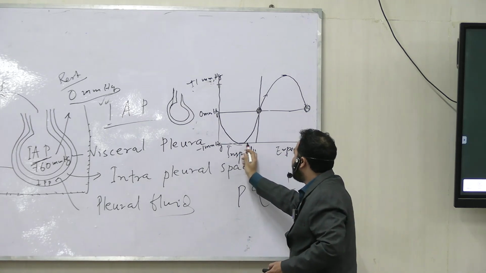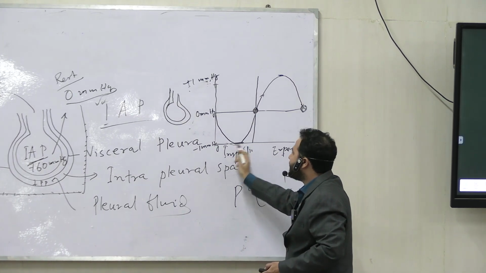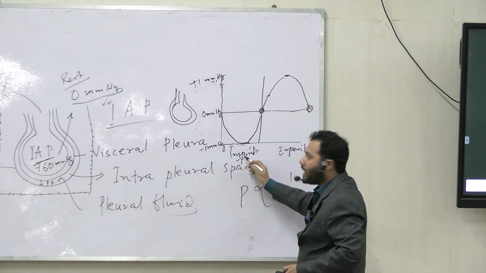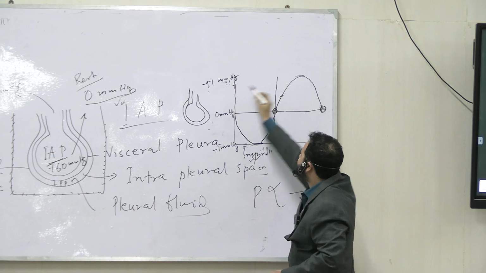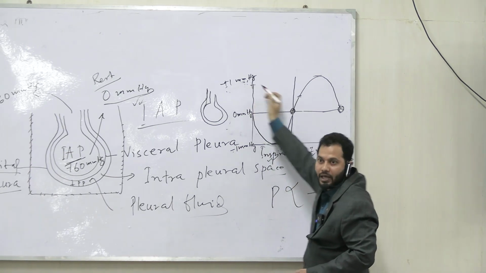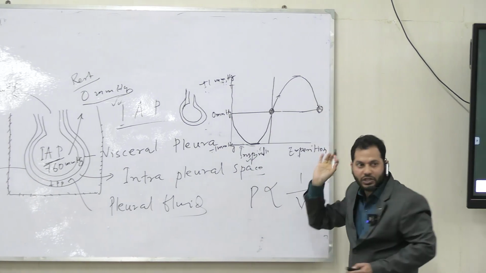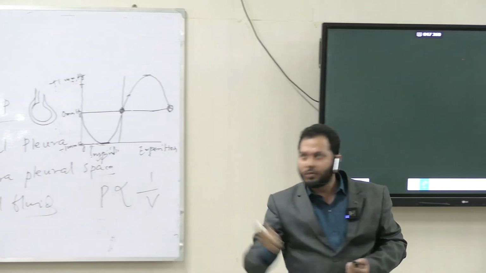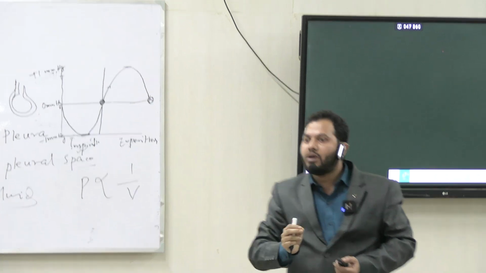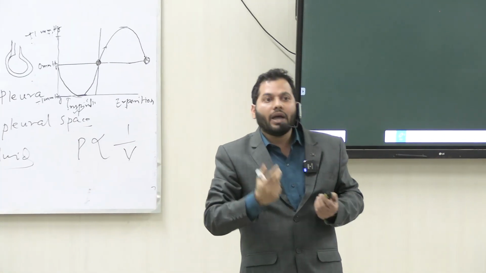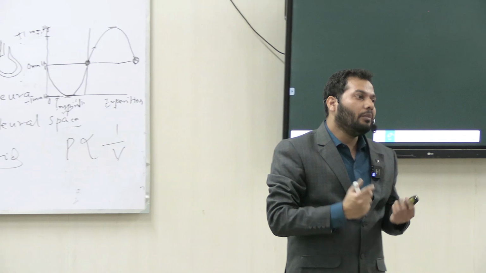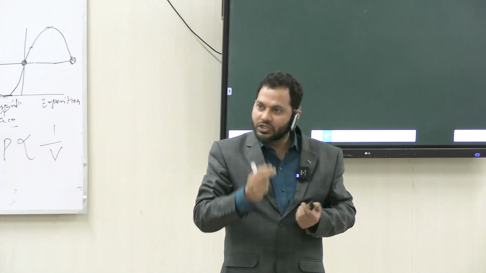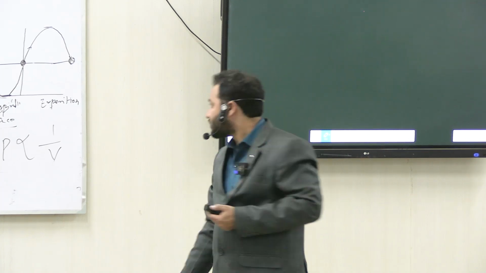So if you see, the minimum pressure is -1 during inspiration, and maximum pressure is +1 millimeter mercury at the mid of expiration, right? In most of the times, MCQ asked on this point: what will be the pressures during mid inspiration or mid expiration? What will be the pressure at the resting state, right?